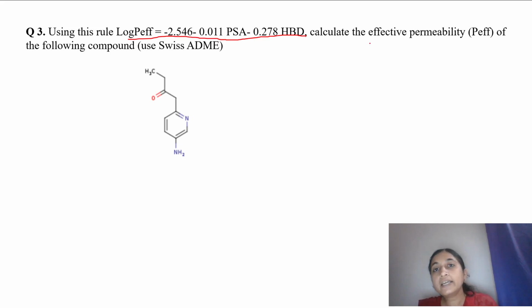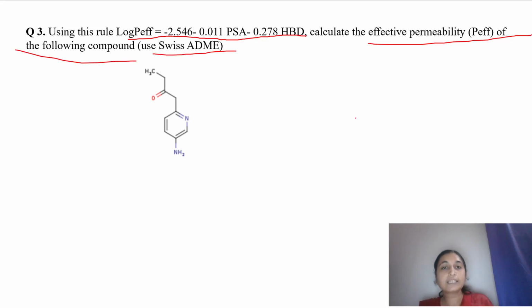Then calculate the effective permeability of the following compound. Use Swiss ADME; in the last class I have shown you how to use this Swiss ADME, so let's do it.